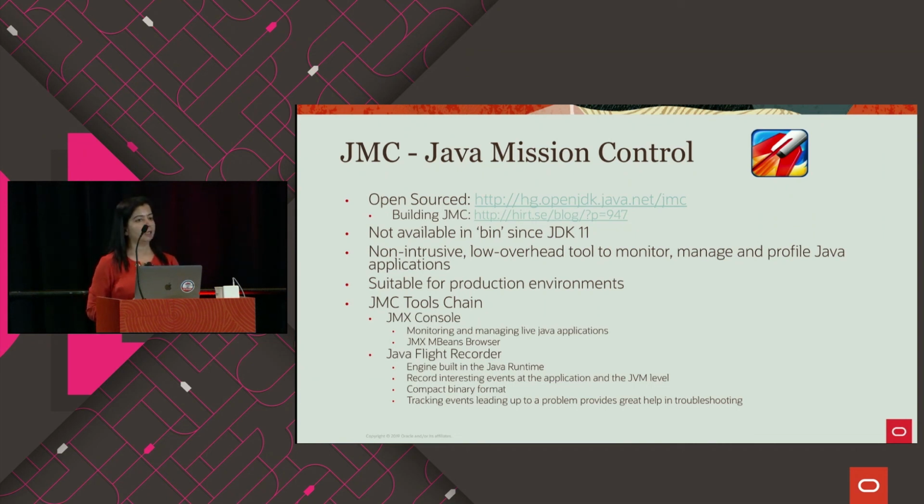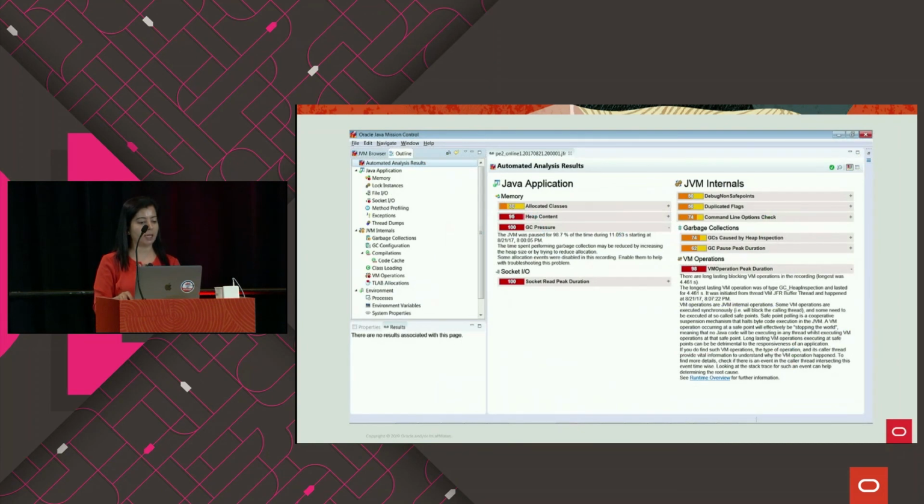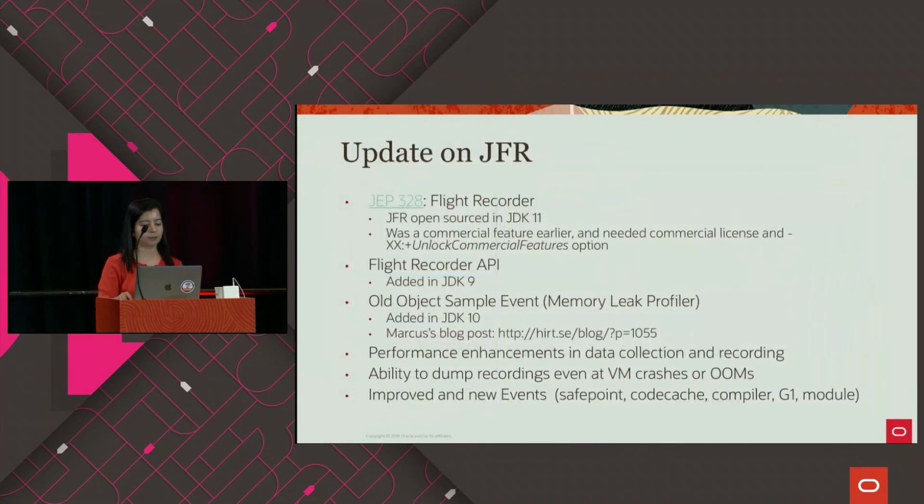JMC had the MBean browser, the MBean Explorer, and it is an excellent tool for analyzing JFR files. Here are some snapshots of JMC. JMC can be used to look at MBeans registered with the MBean server, and it can be used to analyze JFR files.